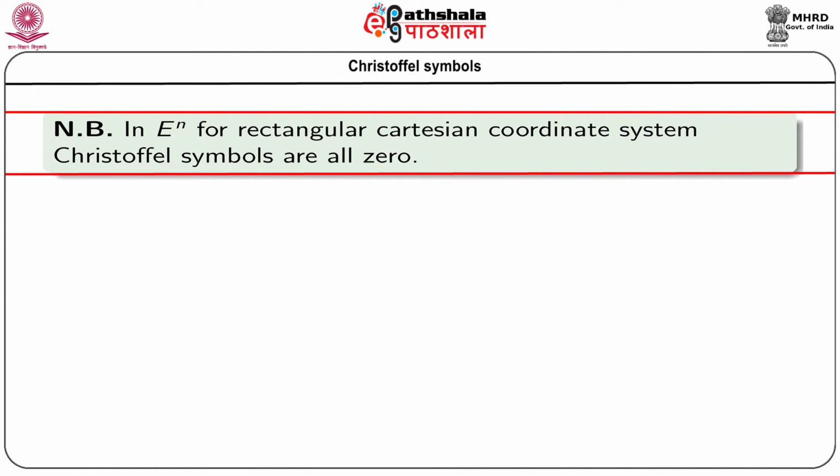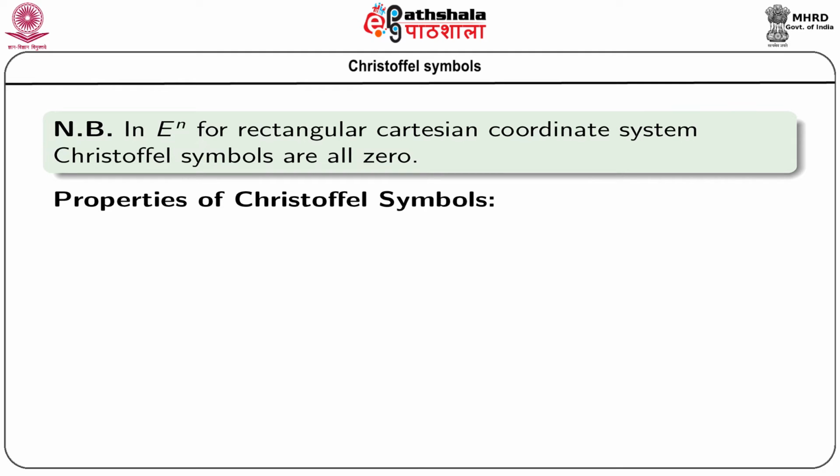In Euclidean space, for a rectangular Cartesian coordinate system, Christoffel symbols are all 0, because all g_ij are equal to 1 for i equal to j, and g_ij equals 0 for i not equal to j. So, their partial derivatives are all 0. Therefore, the Christoffel symbols are all 0.